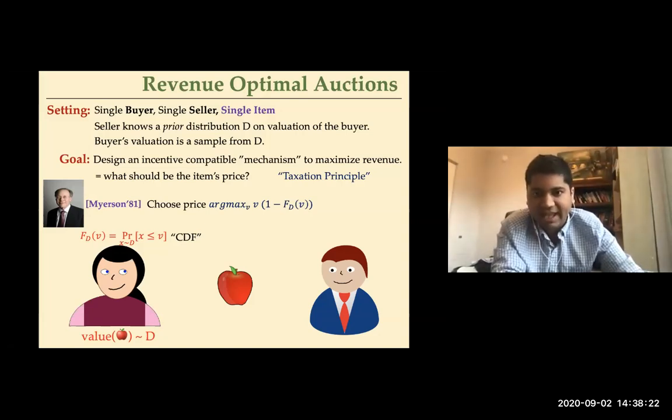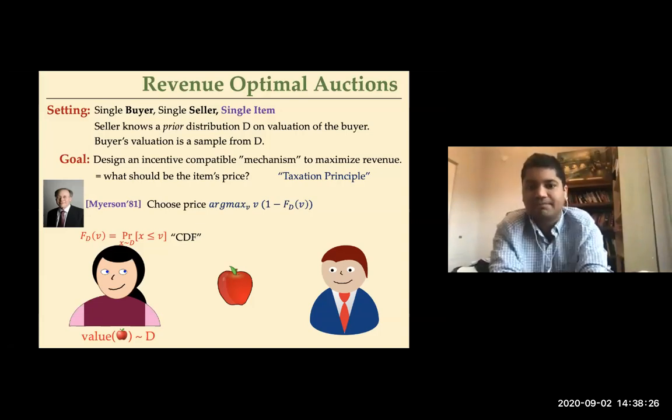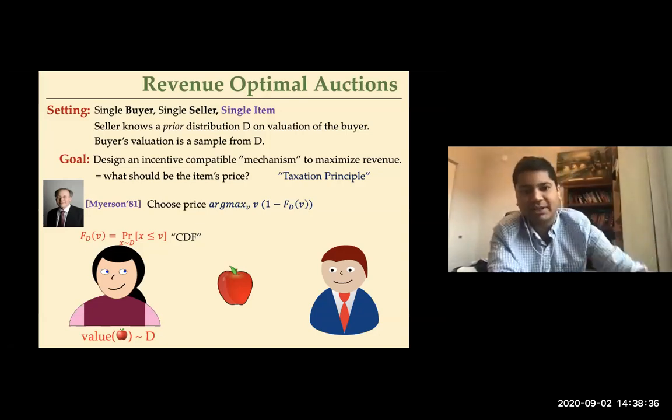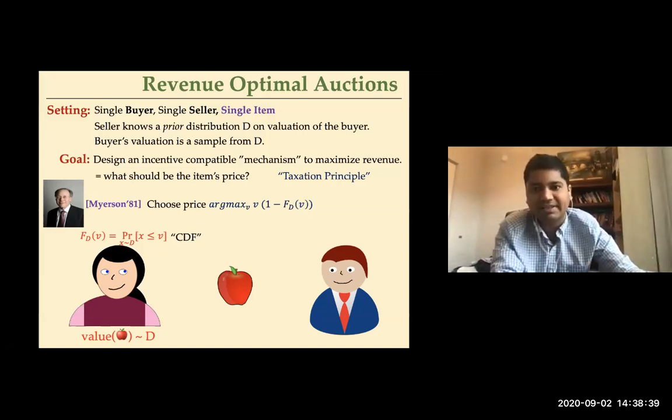Okay. And the probability of that is precisely equal to 1 minus F_D(v), where F_D(v) is the probability that x is at most v. This is called the cumulative distribution function. So the way to decide on the best auction is to just maximize this expected revenue, okay? So that's the case of a single item, and Myerson already told us how to do that optimally.